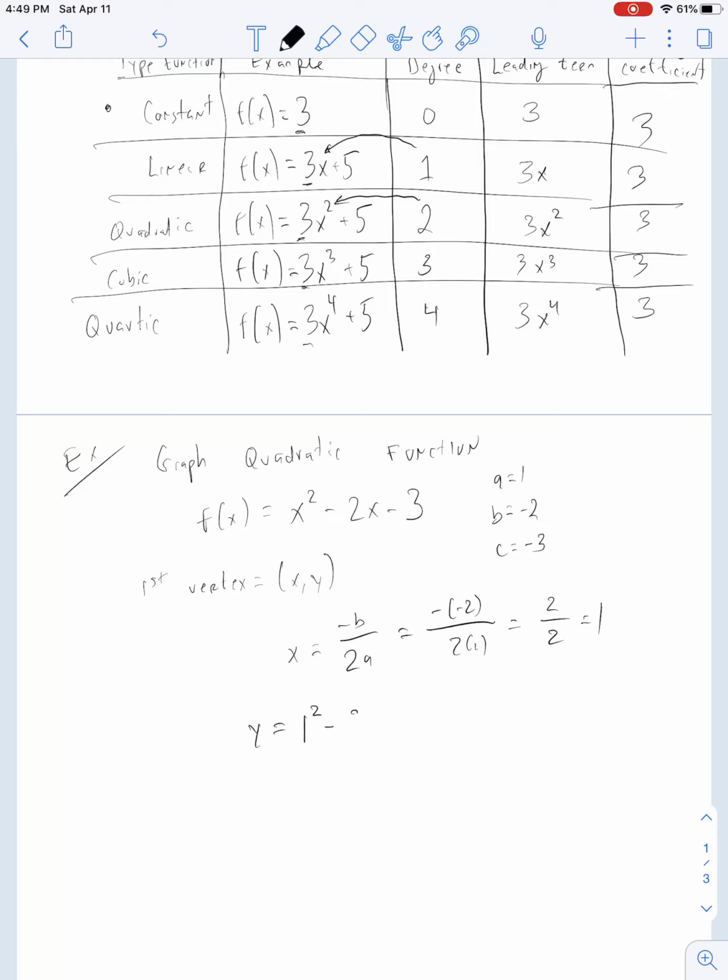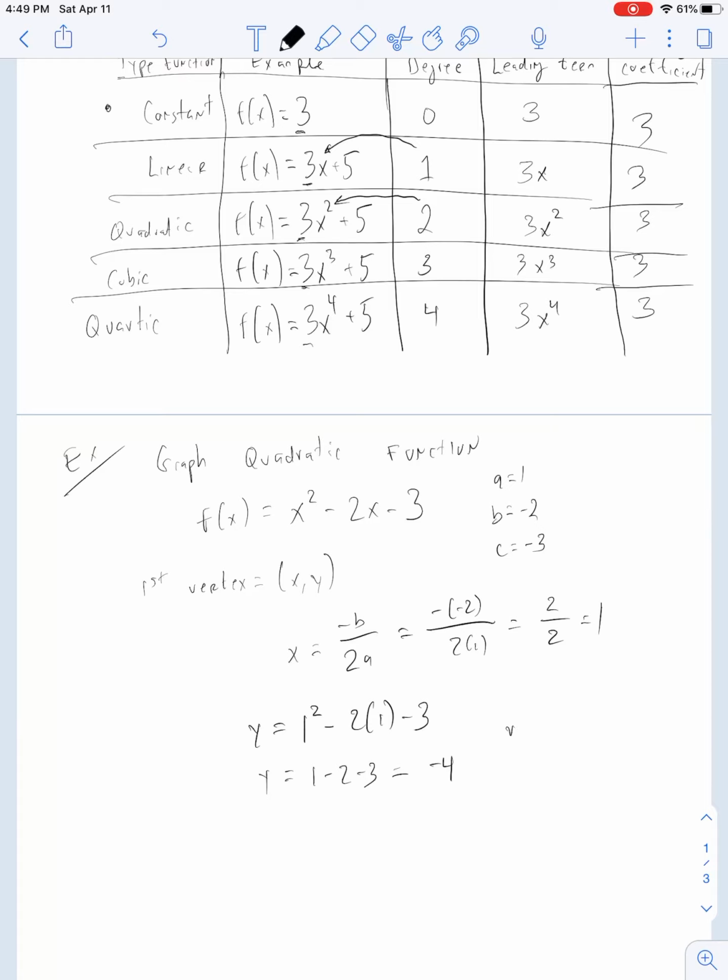Then we can just plug that into our equation. We get 1 minus 2 minus 3, which gives us what? 1 minus 2 is negative 2. Negative 2 minus 3 gives us negative 4.